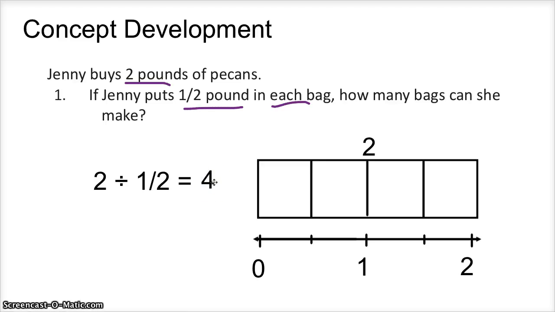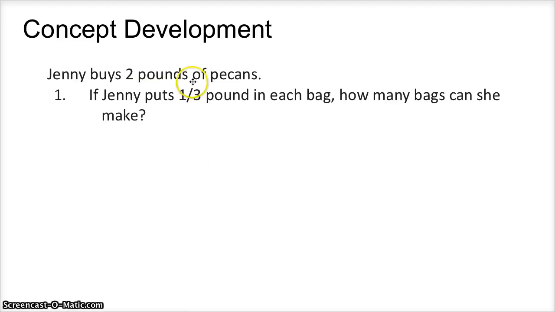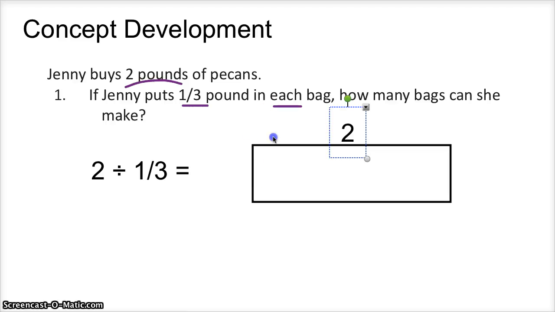Let's do another one. What if she puts 1/3 of a pound in each bag? So here's my numbers. Here's my division sentence to go along with it, and I'm just plugging those numbers in. But I want to draw a picture to help me understand what this means. So here's my 2 pounds of pecans I started with, but this time instead of a half, I'm doing 1/3 of a pound.